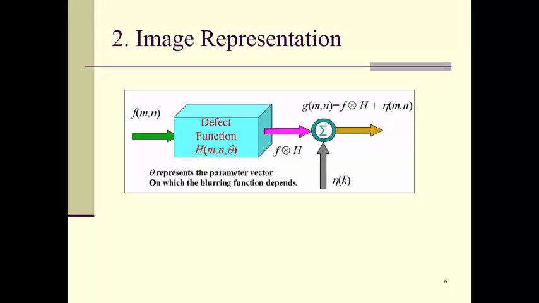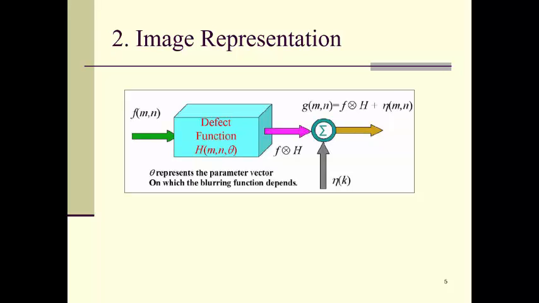Yes, in this model, actually, we need to integrate all of the sources of errors that we have, whether it's distortion or noise. Okay? And of course, we call this a lumped system. Lumped system means what? Means that here I will have the full effect of the defect function, and here I will have the full effect of the noise. This doesn't happen in real life.